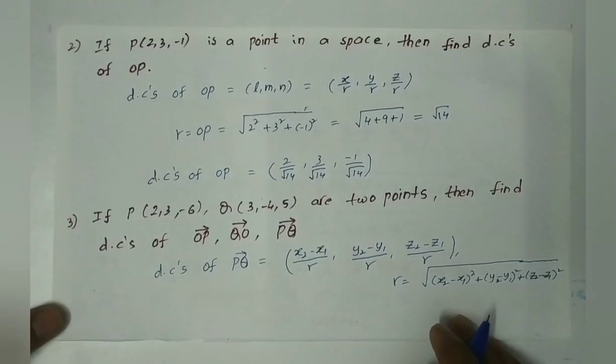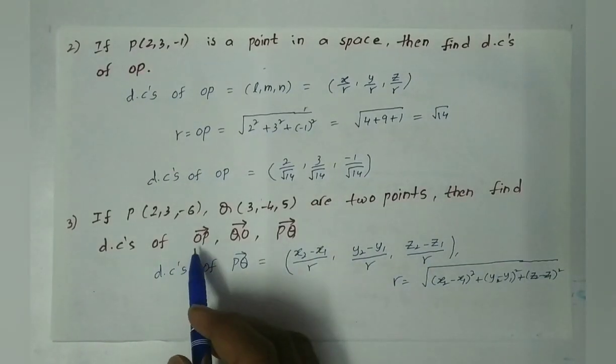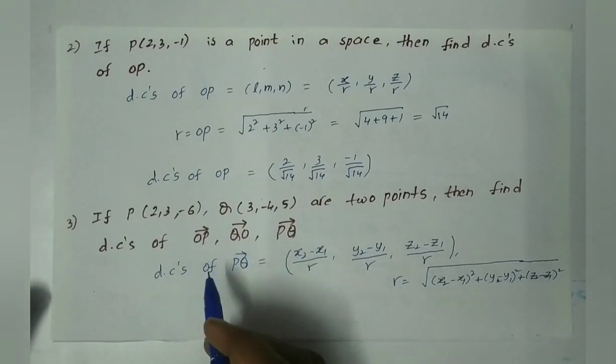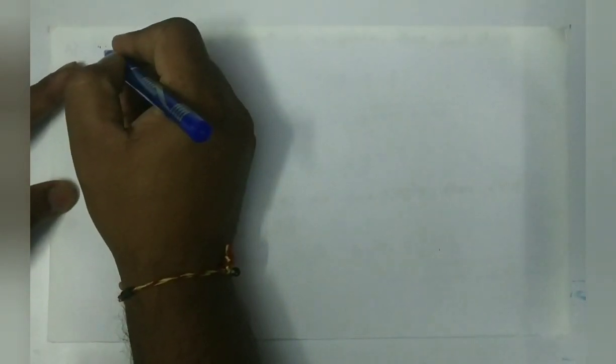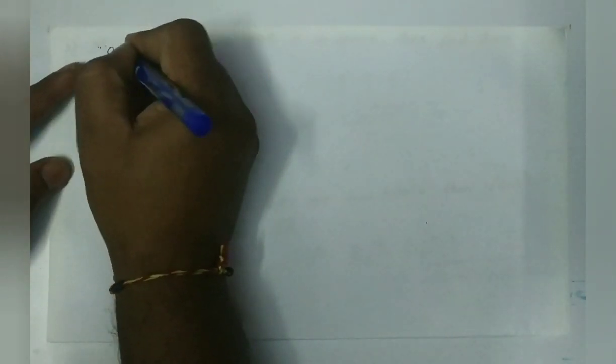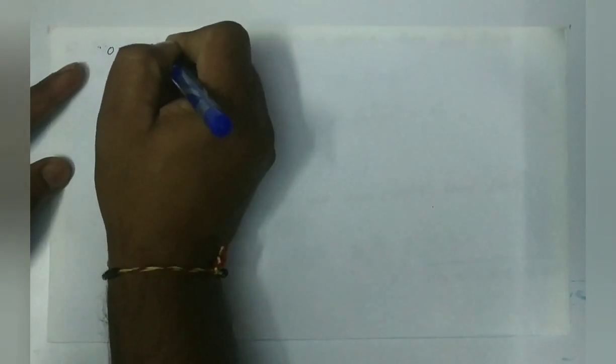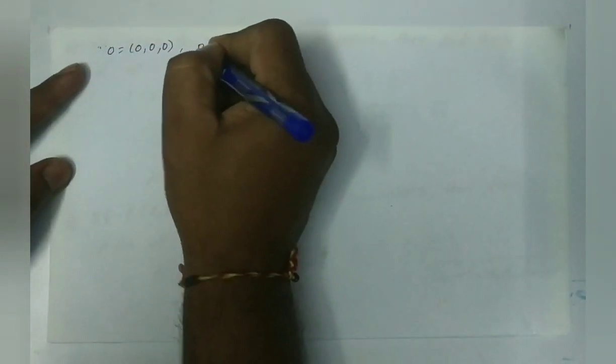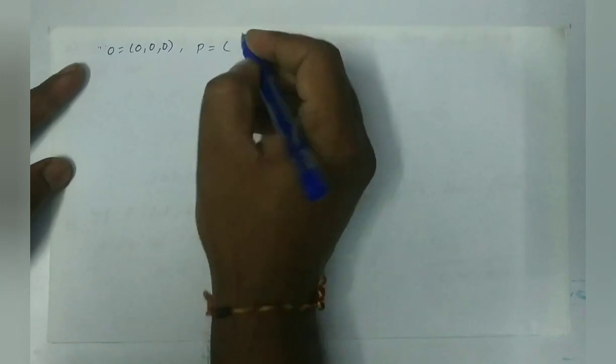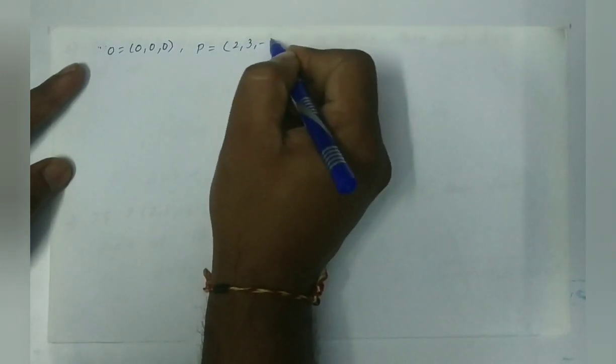Now let us find the direction cosines of OP, QO, PQ. First we have to find the direction cosines of OP. O is nothing but the origin. So here what is P? P is nothing but (2, 3, minus 6).